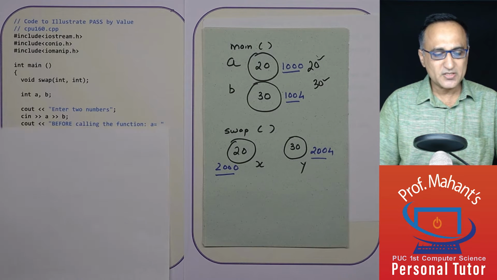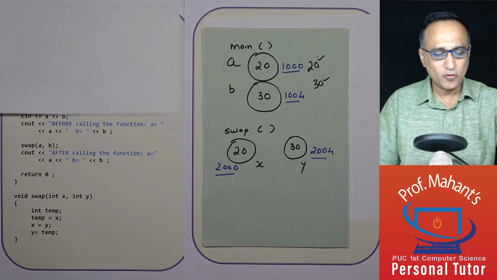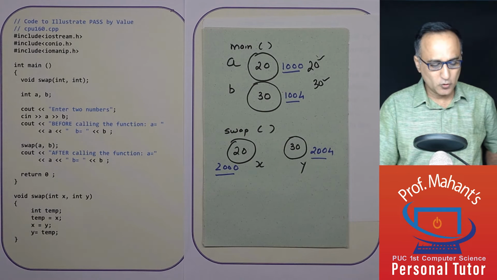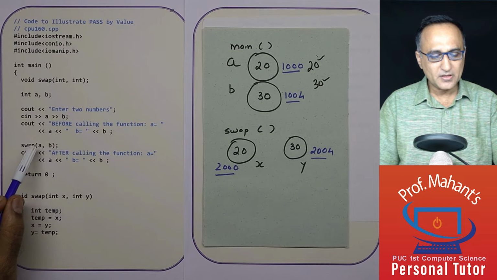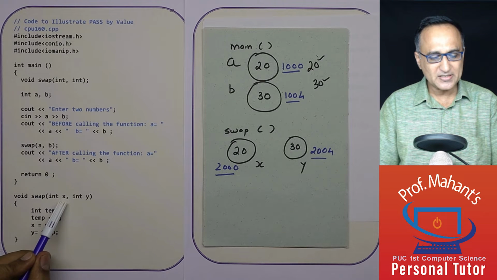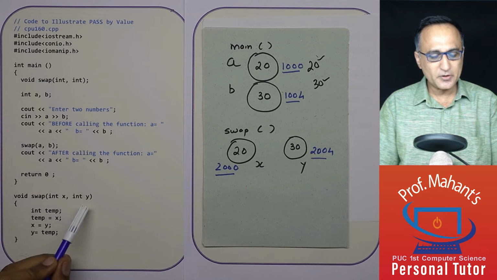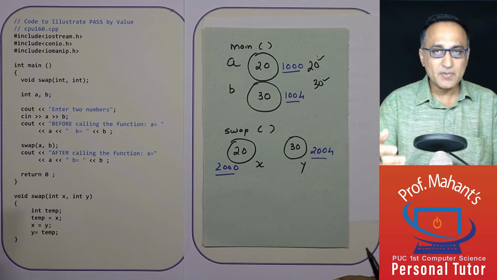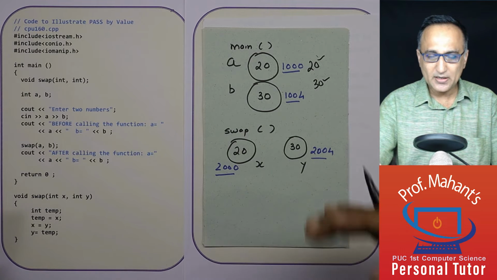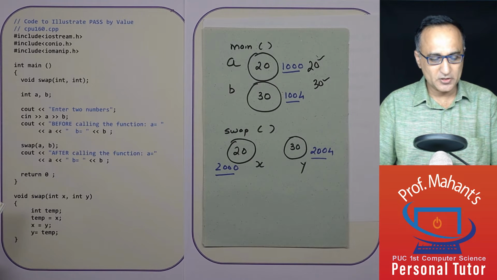Now let's see what this swap A comma B involves, or what it's really expected to do. When I say swap A comma B, the value of A should be copied to X, the value of B gets copied to Y. But as I told you, A and B are different memory locations, X and Y are completely different memory locations.